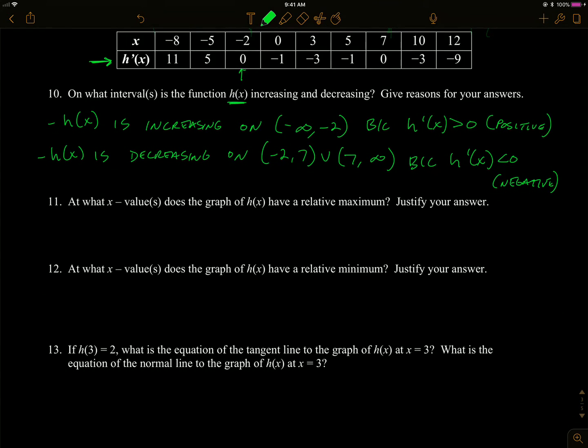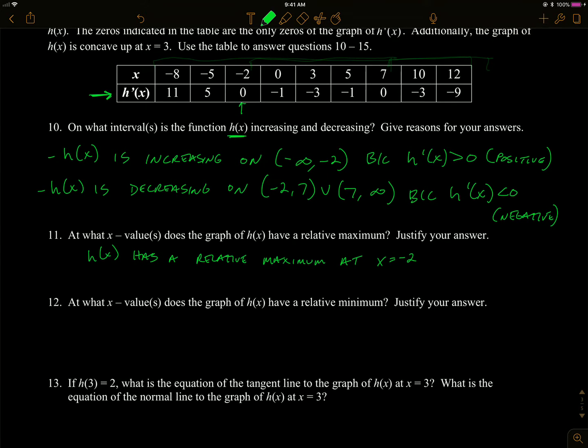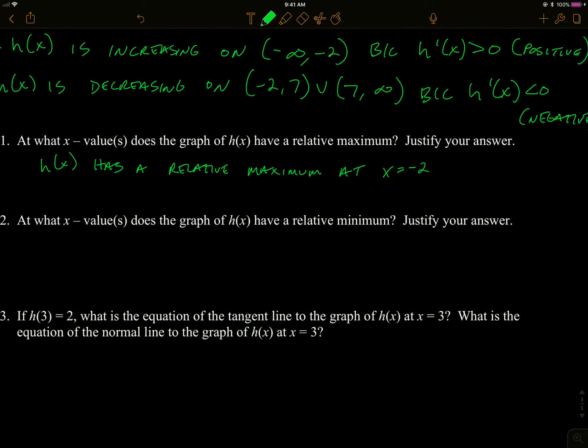Next up, at what x values does the graph of h have a relative maximum? Justify your answer. So we're going to say that h of x has a relative maximum at x equals negative 2. I can't find the y value for this, by the way, because they don't tell me what h is, so I can only tell you the x value at which this occurs.